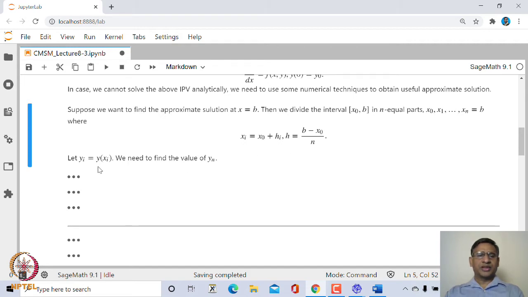Now, let yi be y at xi. These y at xi, except i equal to 0, are what we need to find out, and in the process we will be able to find y at xn, y at b.